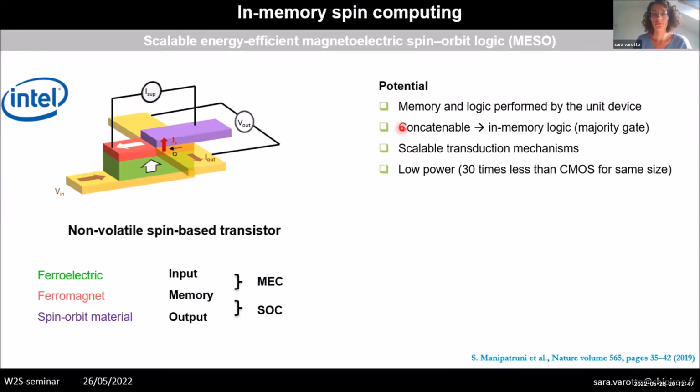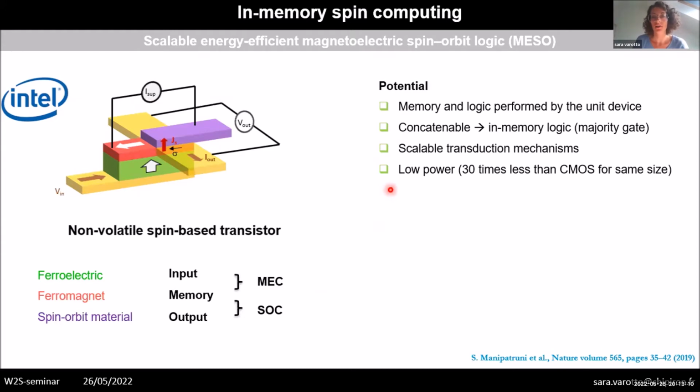Also, this device is based on 2 transduction mechanisms, the magnetoelectric coupling and spin-orbit coupling, that are both scalable. So they show the scaling laws that allow to reach the future goals for efficient spin-charge conversion, for efficient bit operations.